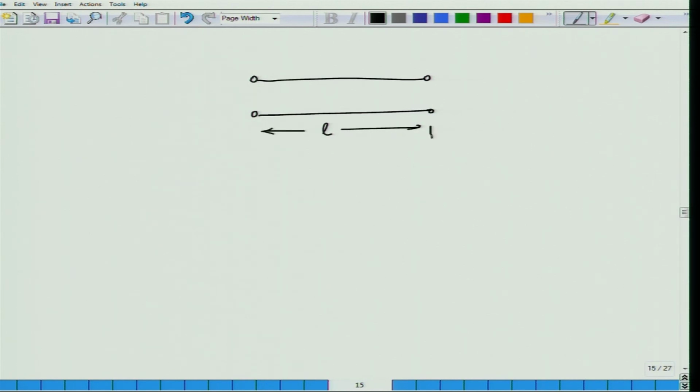Because I have chosen the coordinate of the load to be at Z equal to 0 and my Z axis is increasing towards the positive right side, clearly the source is kept at Z equal to minus L. Then I consider this output, I take two cables of negligible physical length and connect this to an oscilloscope, in order to display the voltage waveform that I would be observing at this particular terminal of the transmission line.